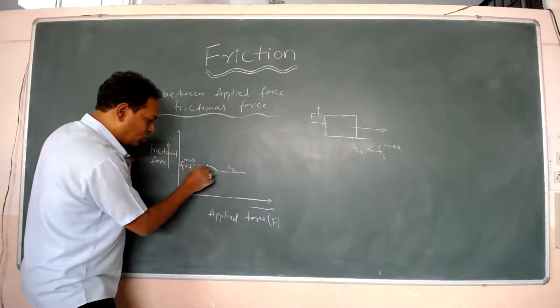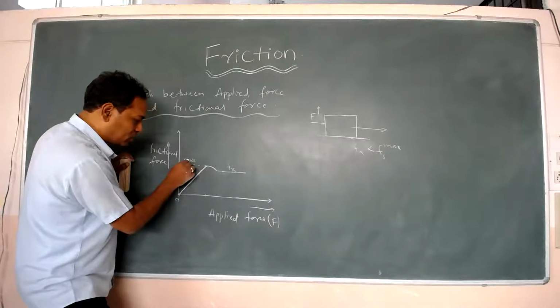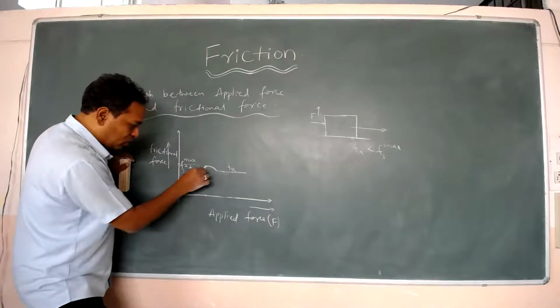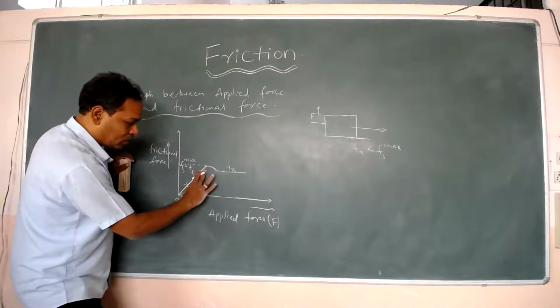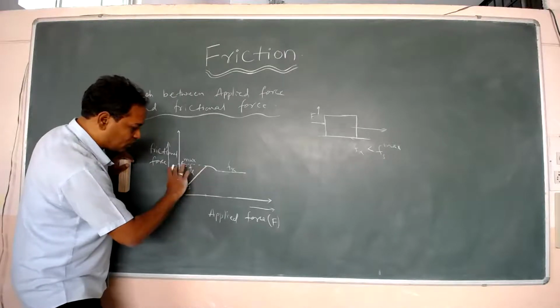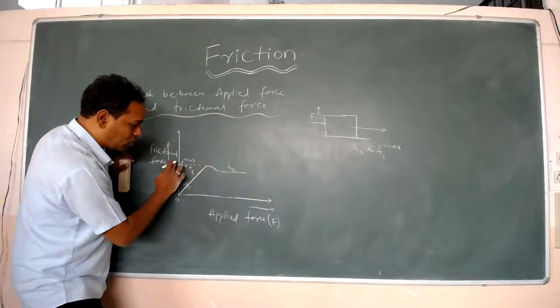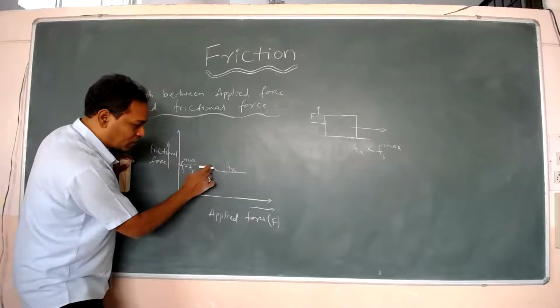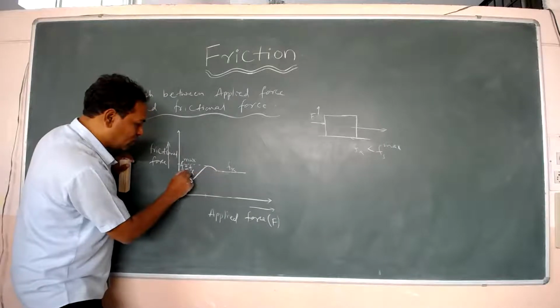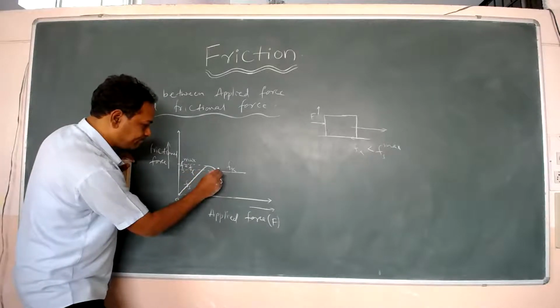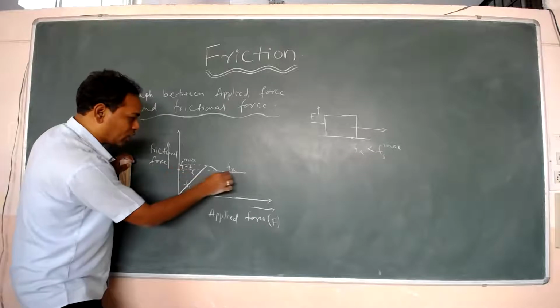This peak value is called Fs maximum. From here to here, this is called Fs, meaning static friction. This length is called static friction. This point is called maximum static friction. Thereafter it came down. This is called kinetic friction. This point is called kinetic friction.